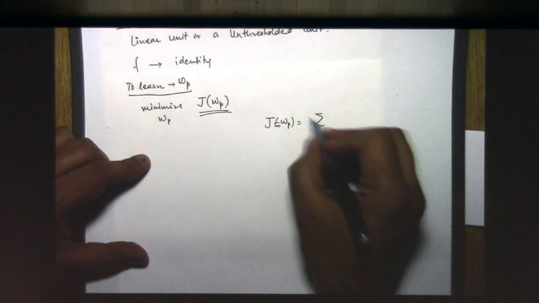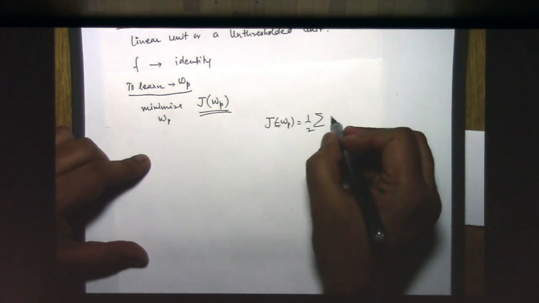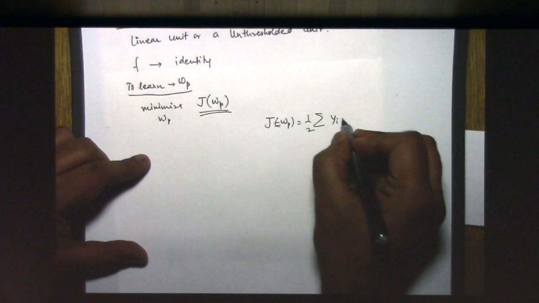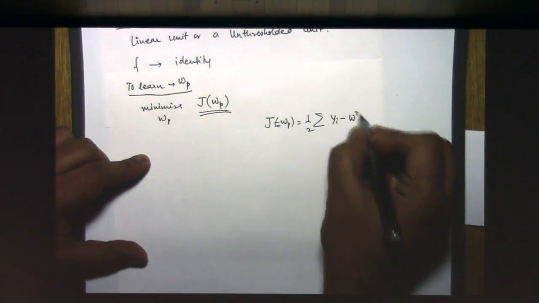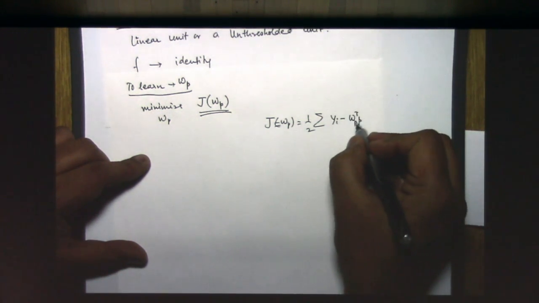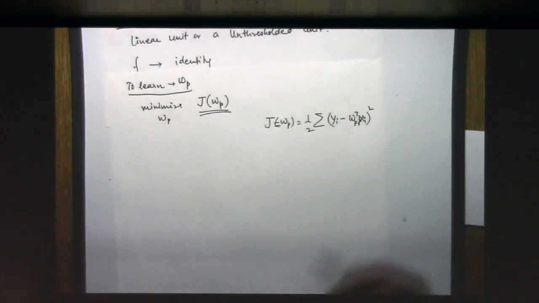So what will J(W_p) be? For an unthresholded unit, we have seen that J(W_p) is nothing but half summation (y_i minus W_p transpose x_i) squared. We've seen that before.